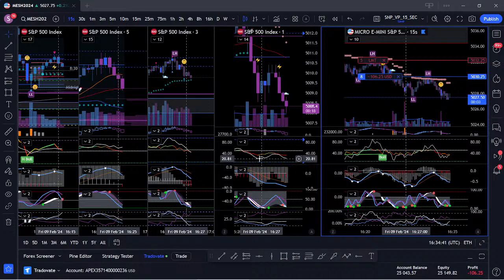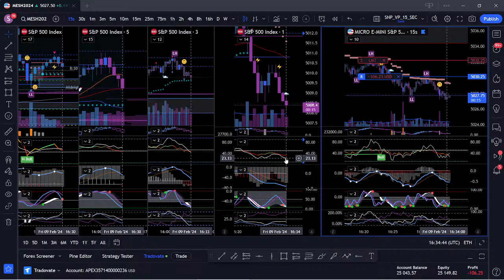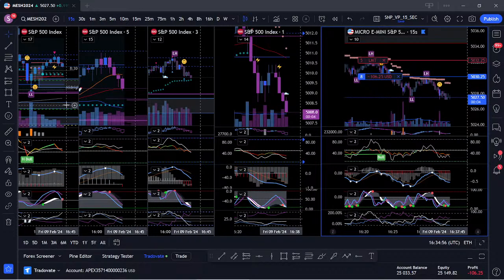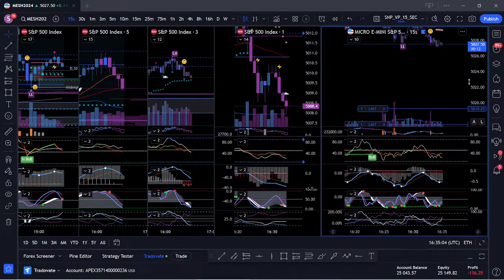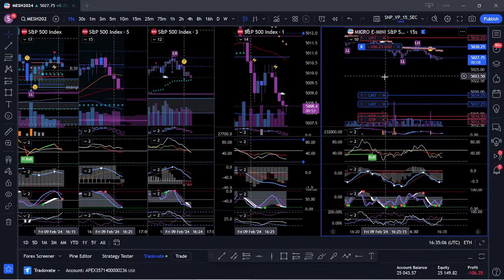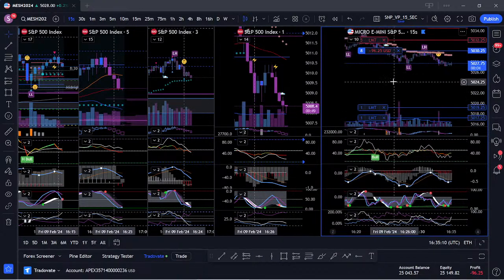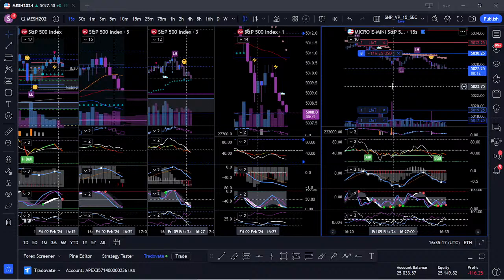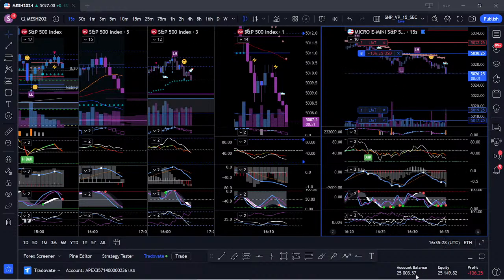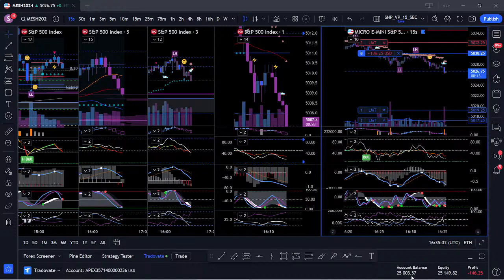MFI is recording. Lower high. Okay. We need to be careful with our stop losses and with our maximum loss for the day. We are still positive.